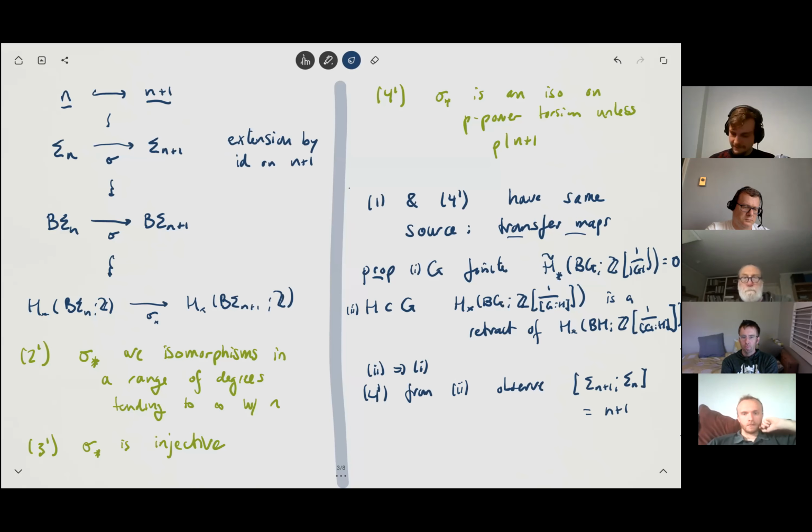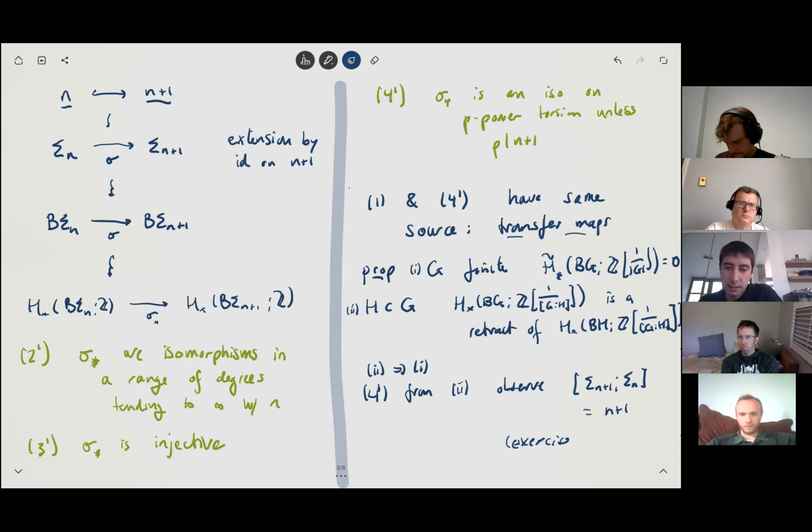And as a consequence of the long exact sequence, oh no, it's probably easier. I mean, let me maybe not go into details. Maybe let's make this an exercise.